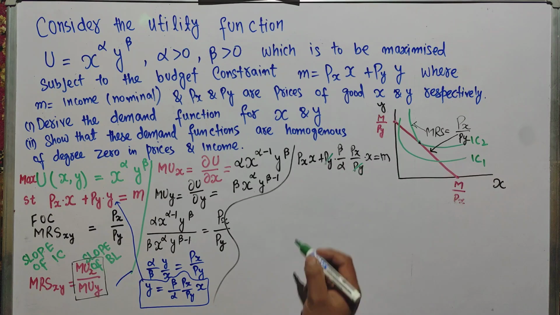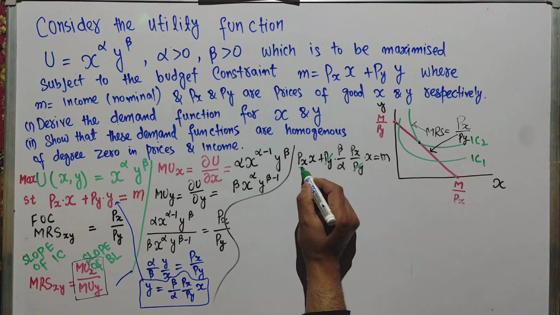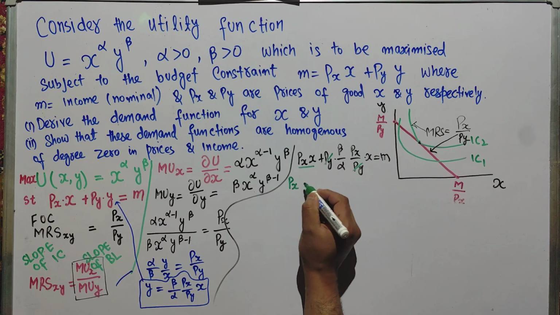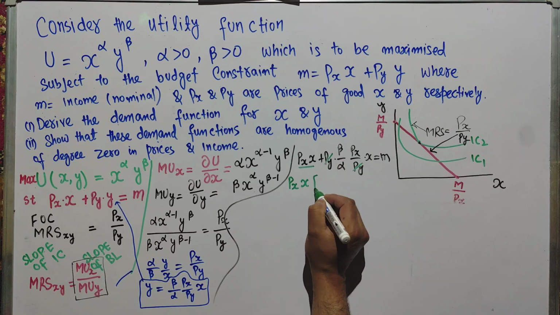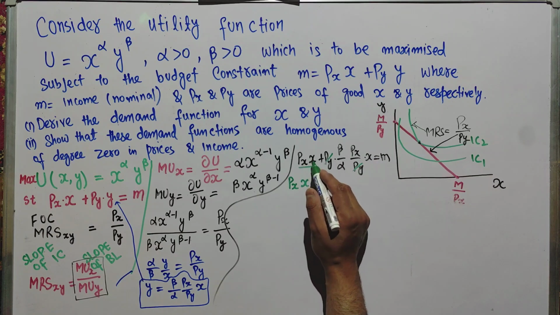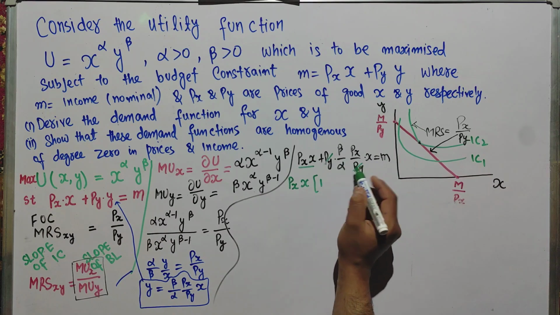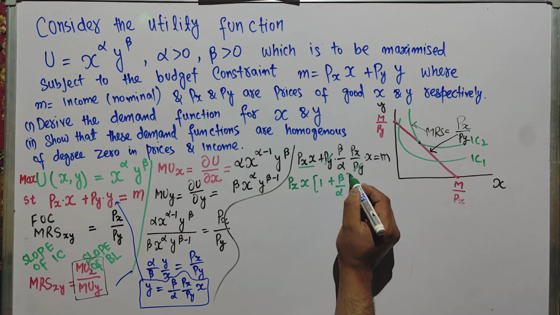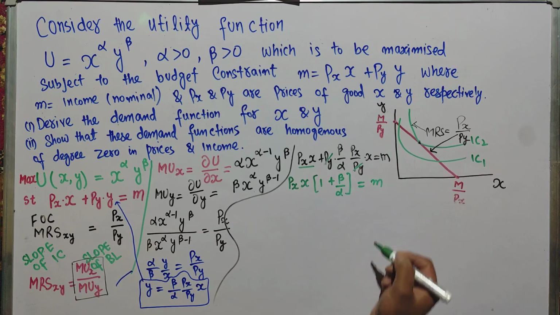Py gets cancelled, we are left with px into x and px into x. Let's take px into x common. In the first term we are left with 1, and in the second term we are left with beta divided by alpha, should be equal to m.